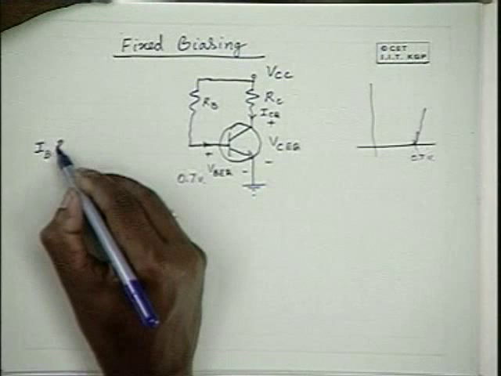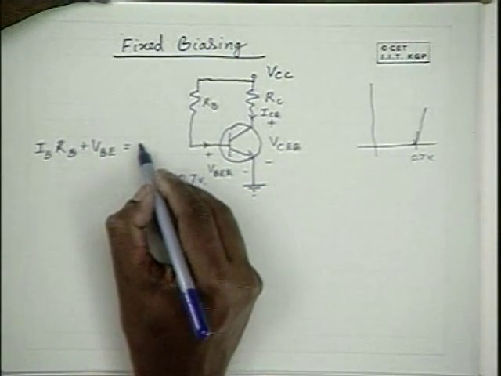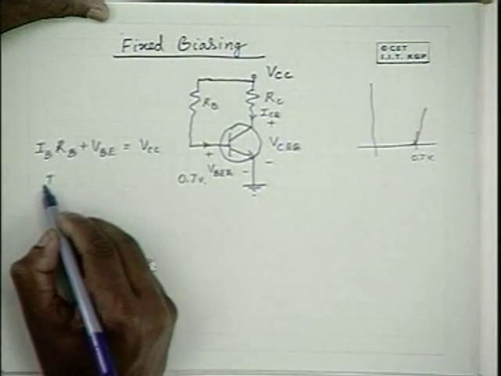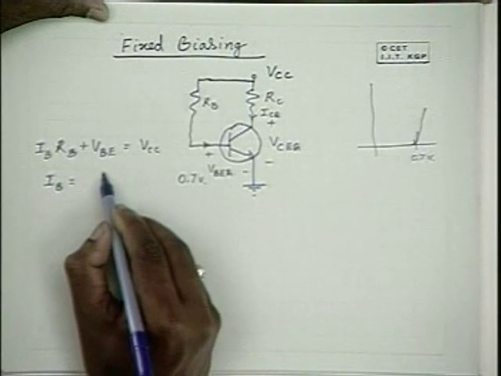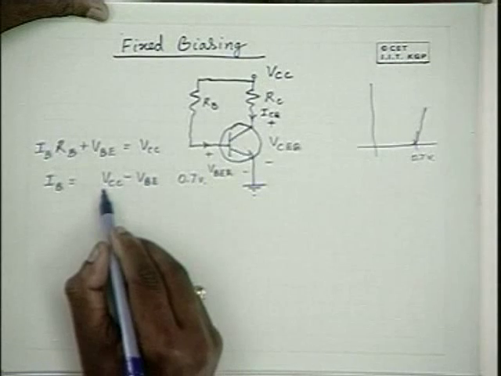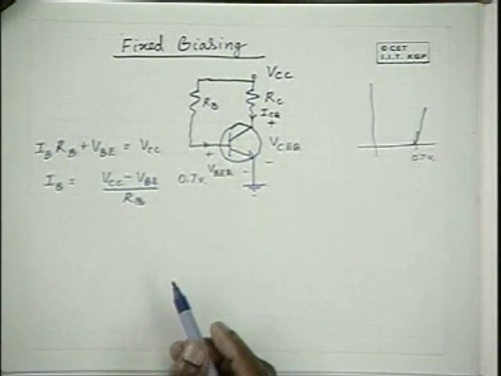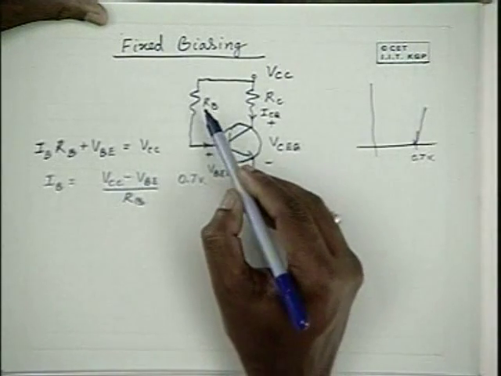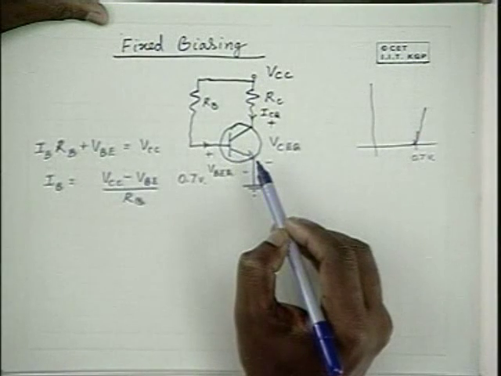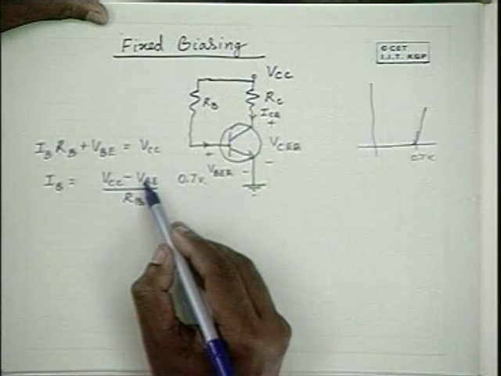So IB into RB plus VBE is equal to VCC. From this, naturally, IB is equal to VCC minus VBE by RB. Only IB flows through this RB, and VBE is of the order of 0.7 volts.